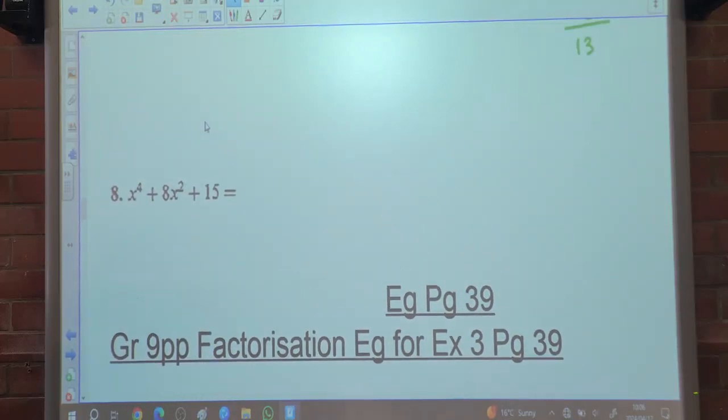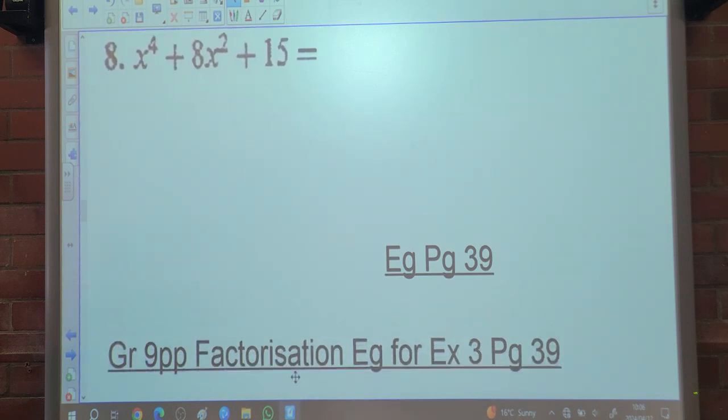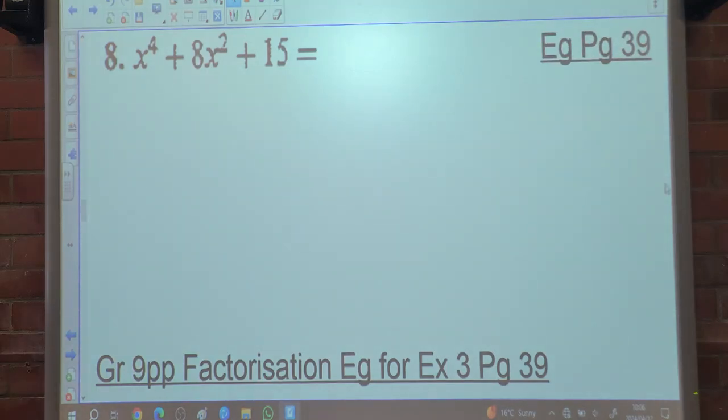Number 8. x to the power 4 plus 8x squared plus 15. Is that a trinomial? Is it written in descending powers of x? So we can factorize the trinomial. Not so?